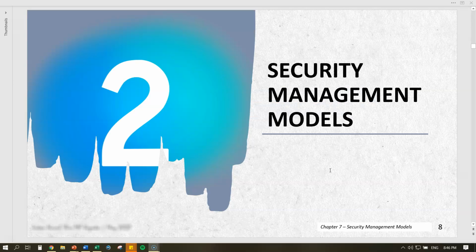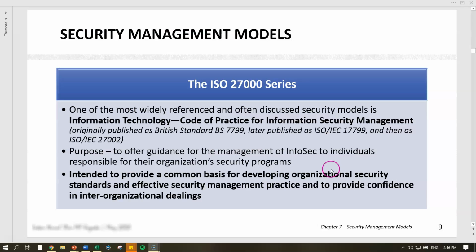Now let's look at the security management models. Basically, there are a lot of security management models yang ada, tapi kita fokus only on this one, which is the ISO 27000 series. Sebab apa? Sebab this is the most widely referenced and often discussed security models. Yang lain tu ada juga yang guna, tapi yang paling famous adalah ISO 27000 series.